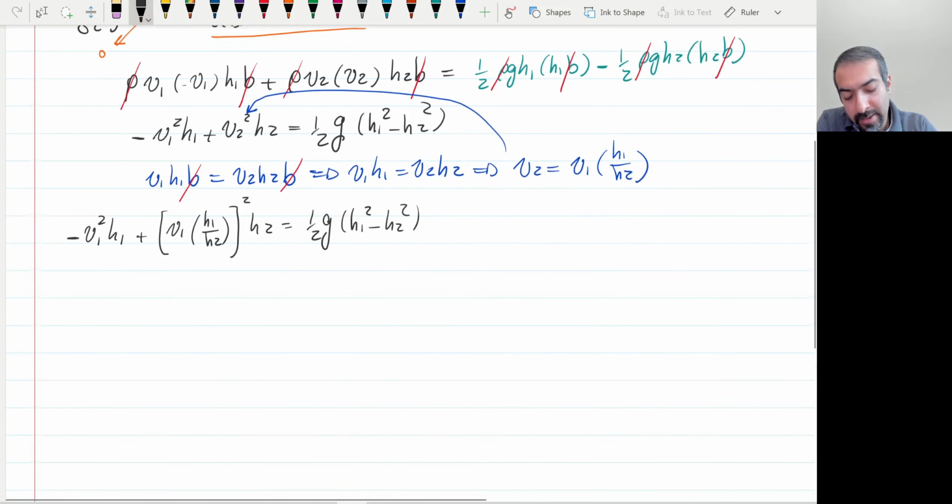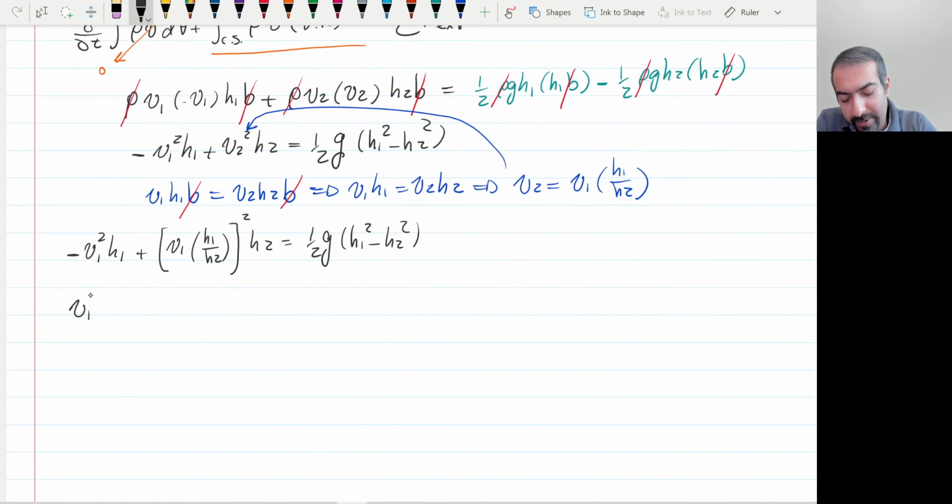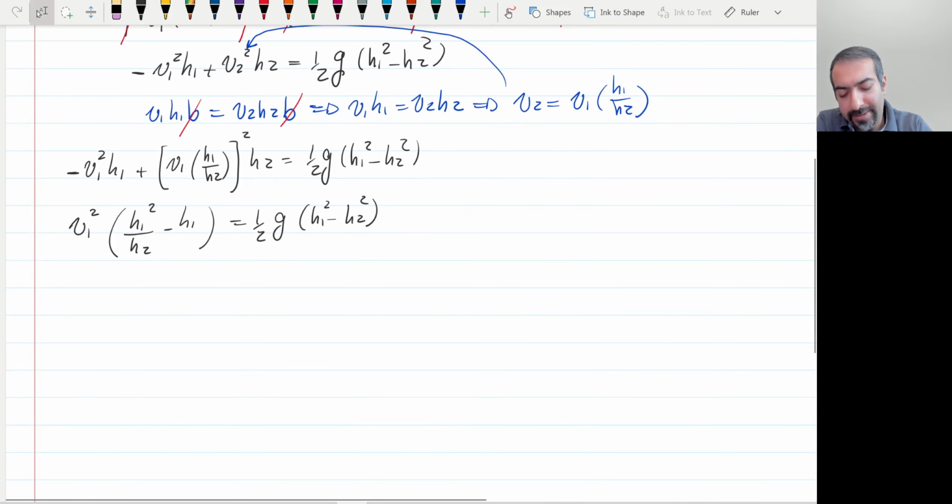Okay, therefore v1^2 times h1^2 over h2, and I'm doing a little simplification here, minus h1, all right, that's going to be 1/2 g (h1^2 minus h2^2). All right, this is just the algebra basically.